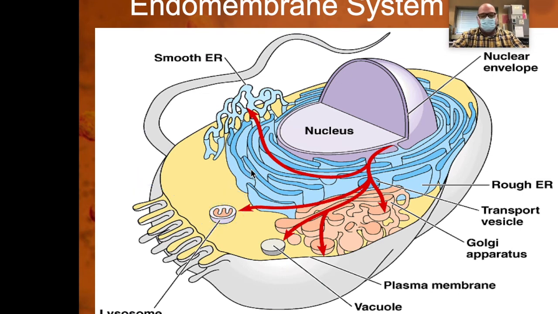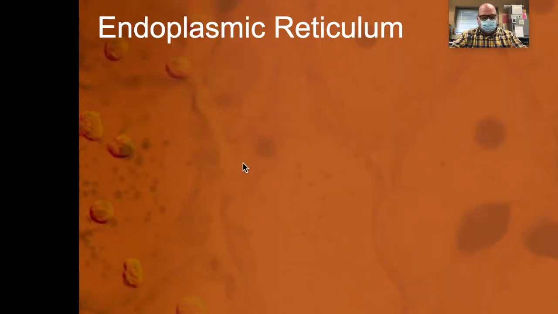All right. First part of the endomembrane system, endoplasmic reticulum. Does anybody know what reticular means? It means net. There's actually a constellation called the reticulum. And so anything that has like a fine layer of network in it can be called reticulum.